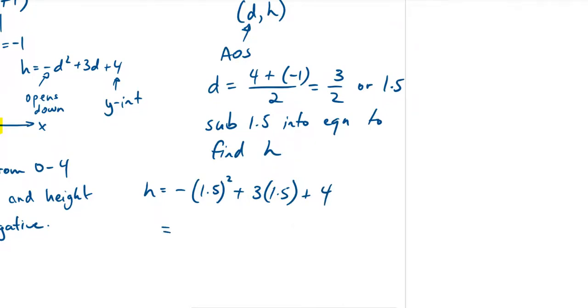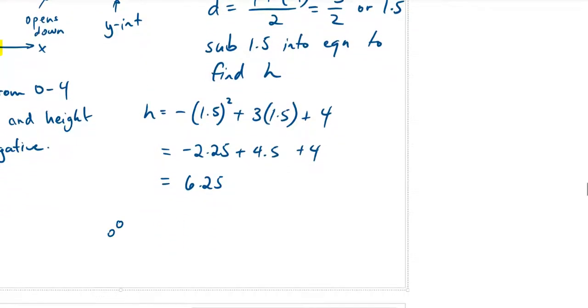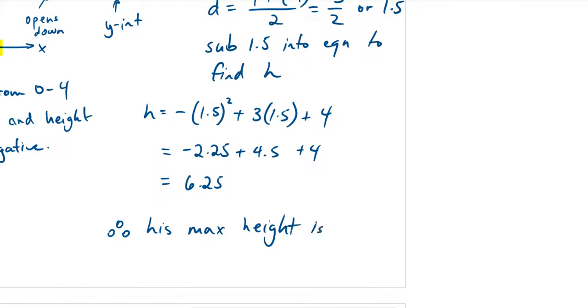The first term becomes negative 2.25, since 1.5 times 1.5 is 2.25 and the negative in front makes it negative. 3 times 1.5 is 4.5, then plus 4 at the end. When you add all those three terms together, you get 6.25 meters, which is his maximum height. So therefore, his max height is 6.25 meters.